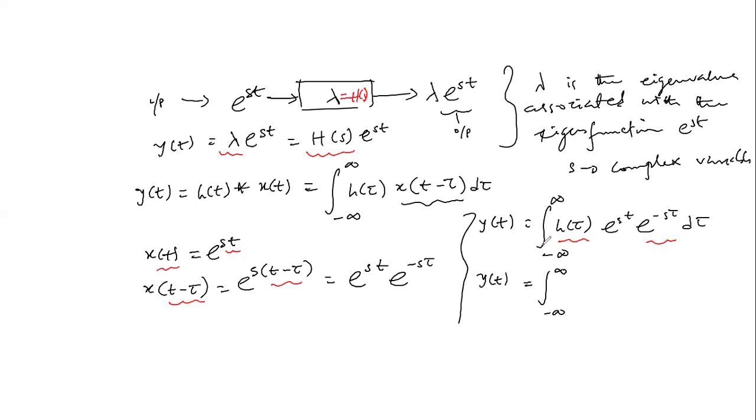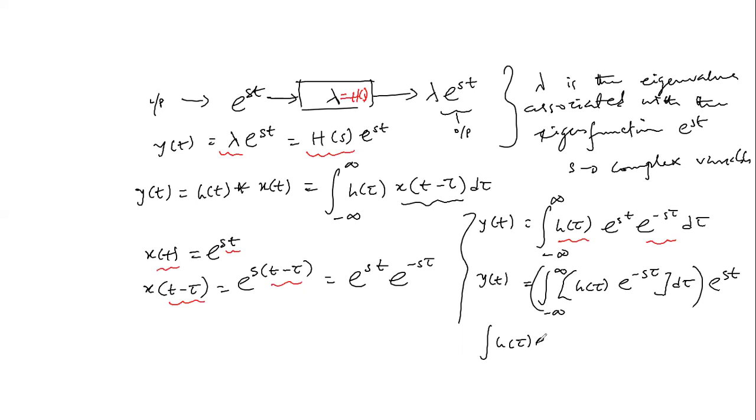Because this is t and this is with respect to tau, once we rearrange, we have h of tau, e^(-s tau), d tau, all in brackets, times e^(st). Okay?